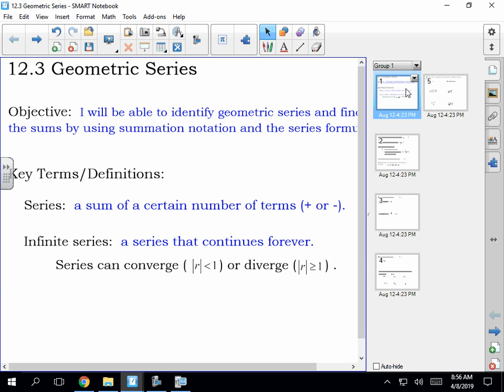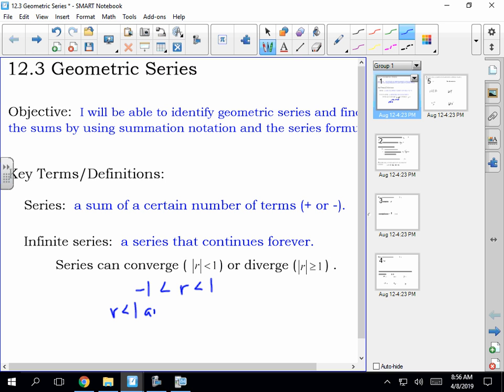So to translate this into language that we could talk about in Algebra 1, absolute value of r less than 1, what that means is this r is less than 1, greater than -1. You remember that compound inequality? Or even thinking about it this way, maybe r is less than 1 and r is greater than -1.